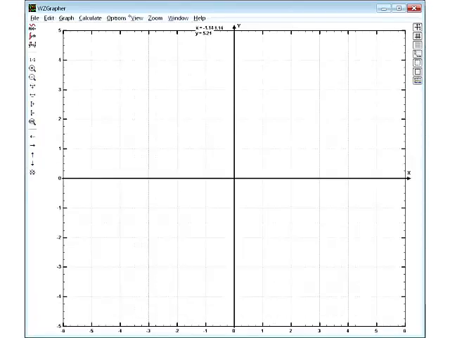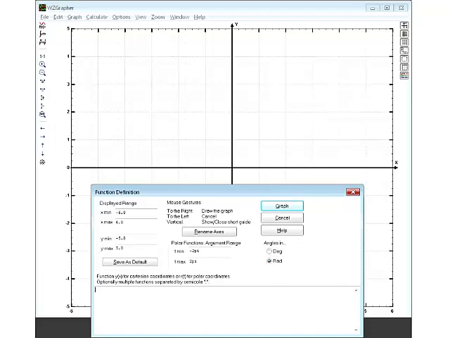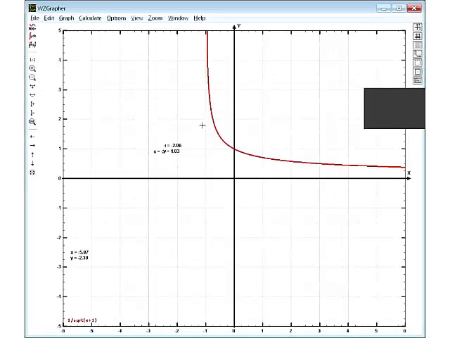So we'll go to the graphing program. So the function we're going to enter is 1 over the square root, 1 divided by the square root of x plus 1. So we're going to take a picture here of that and put it into our notebook.